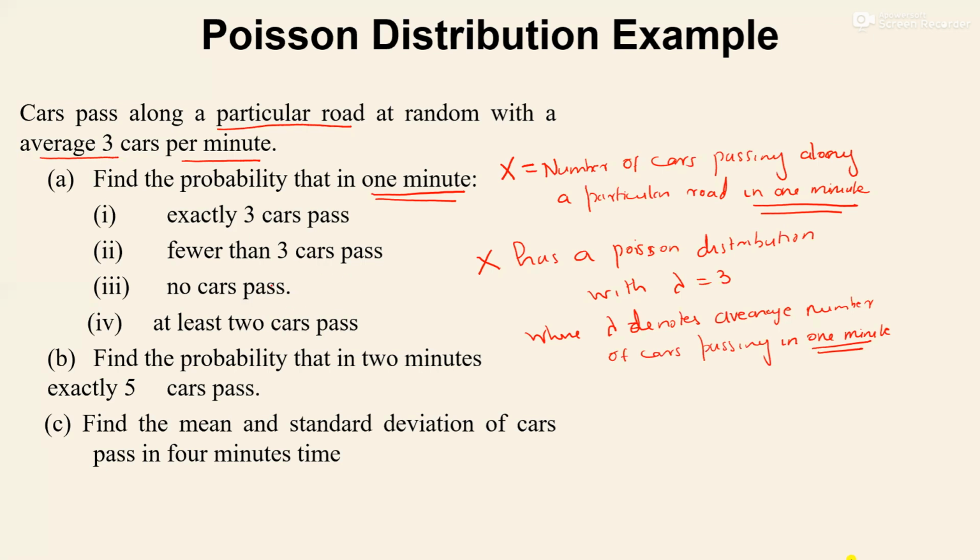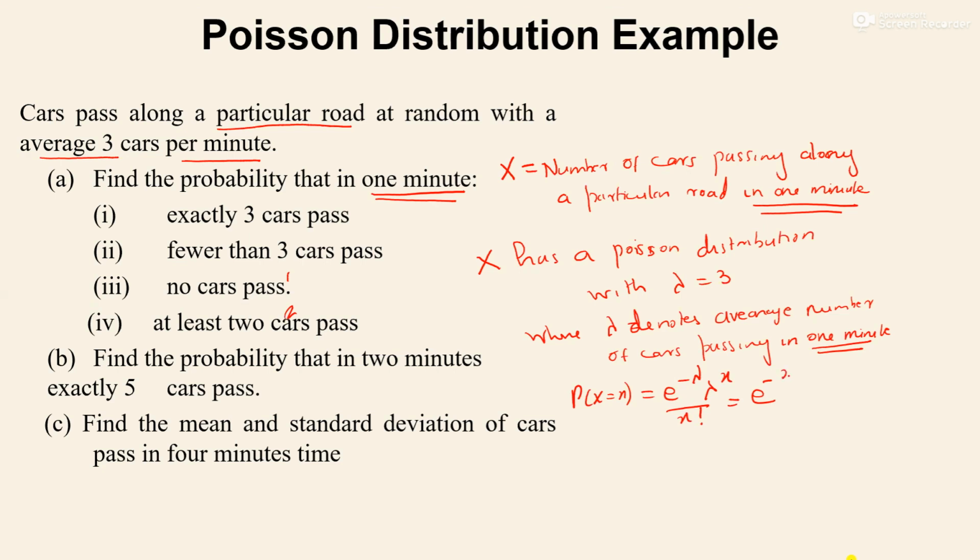According to the Poisson distribution, P(X = x) equals e to the power minus lambda, lambda to the power x over x factorial. Here we know lambda is 3.